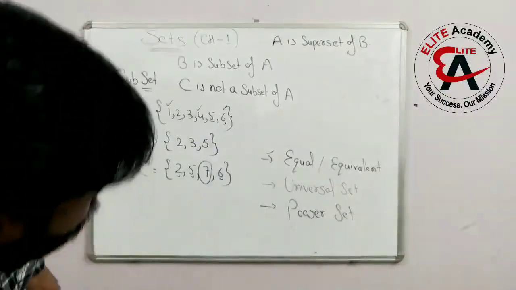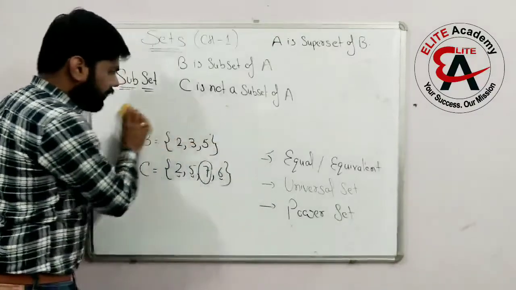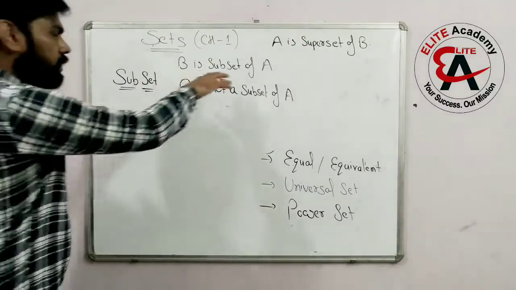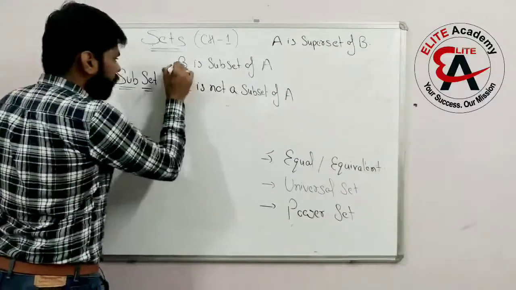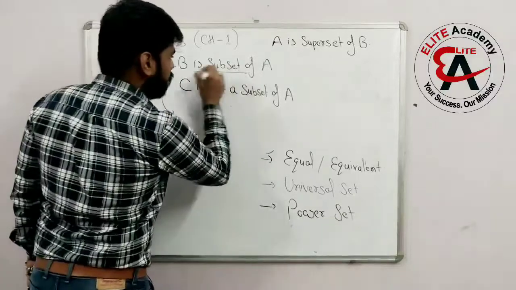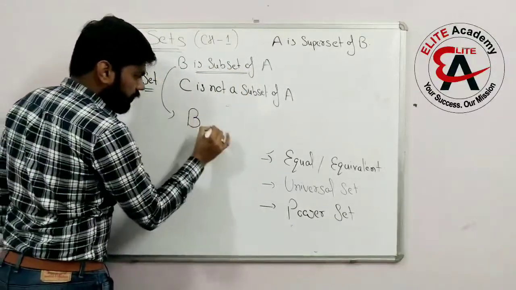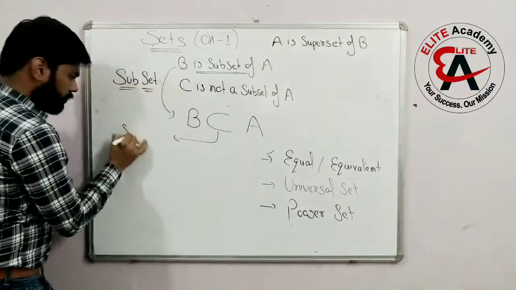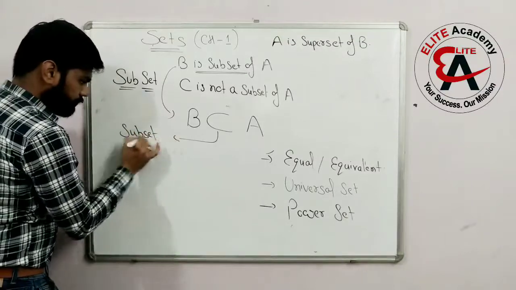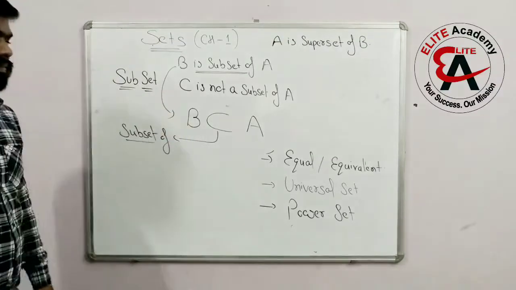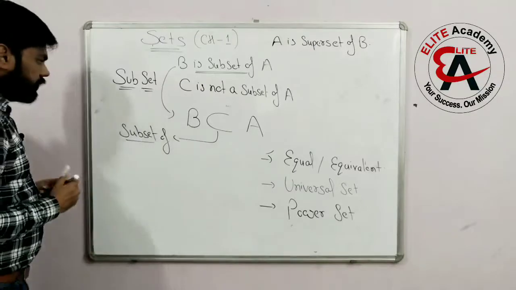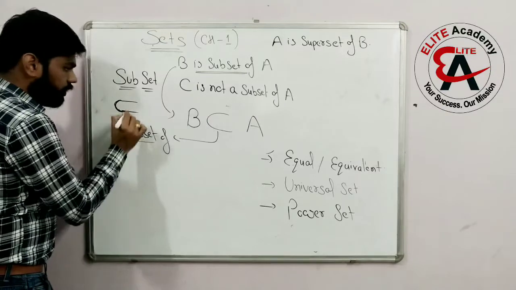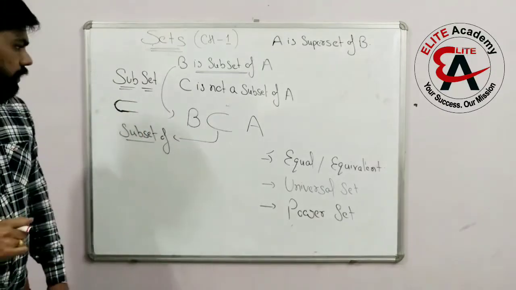Clear? Now in maths, sometimes they don't want English statements, so they have used one symbol to represent this: B is a subset of A. This is the symbol of subset of. It looks like two lines with a circle, a semicircle at one end. Clear?